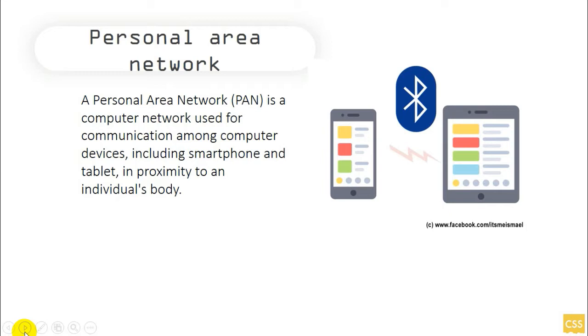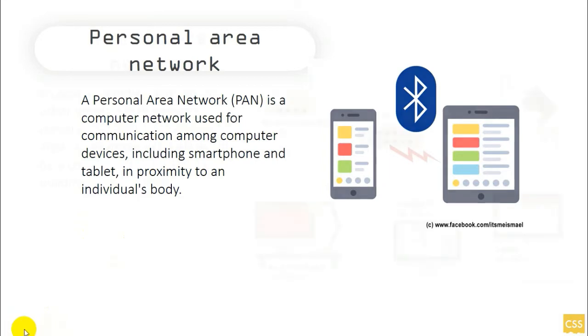Wirelessly, it can be Bluetooth, infrared, or what we call NFC, or near field communication. When wired, it can be through USB cables. So that's it for PAN, our personal area network.